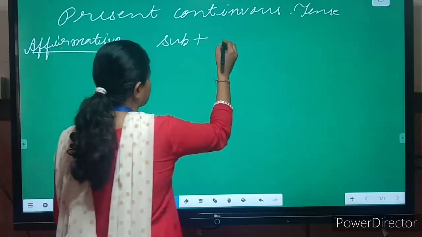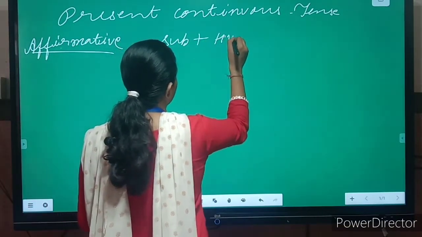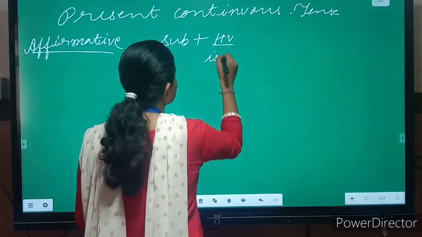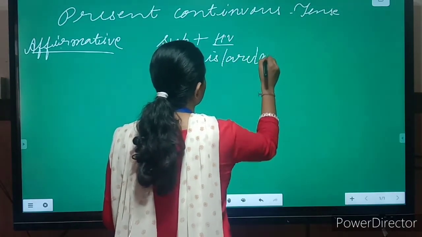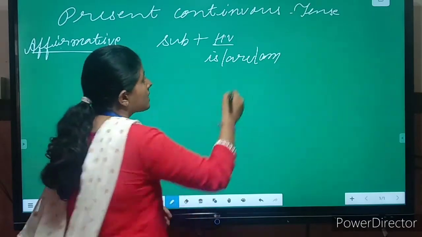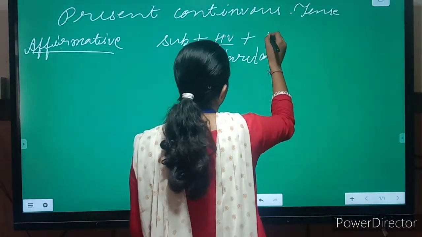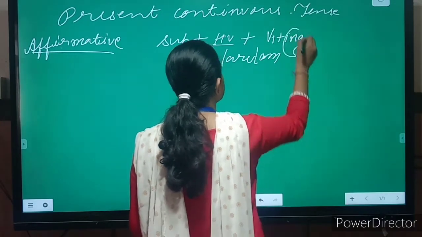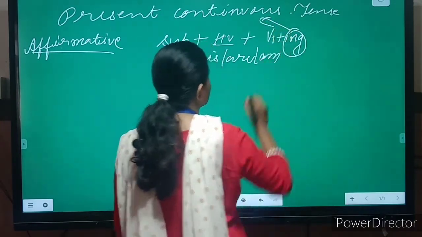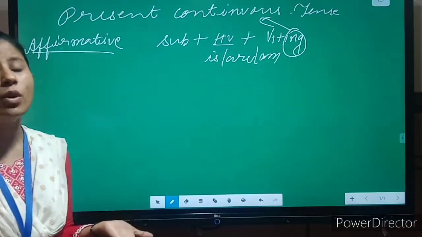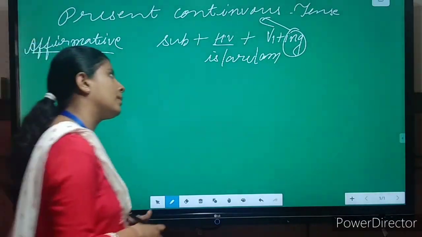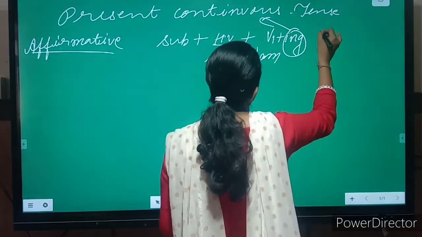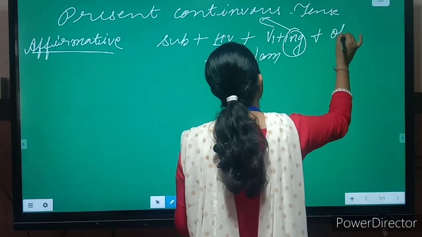And then you will use a helping verb. And what are the helping verbs? Is, are or am are the helping verbs of present continuous tense. And then you will use verb first form plus ing. Why are you using ing? Because it is a continuous tense. So in any continuous tense you have to use ing along with the verb. Clear? And then what do you have to use? You have to use object.